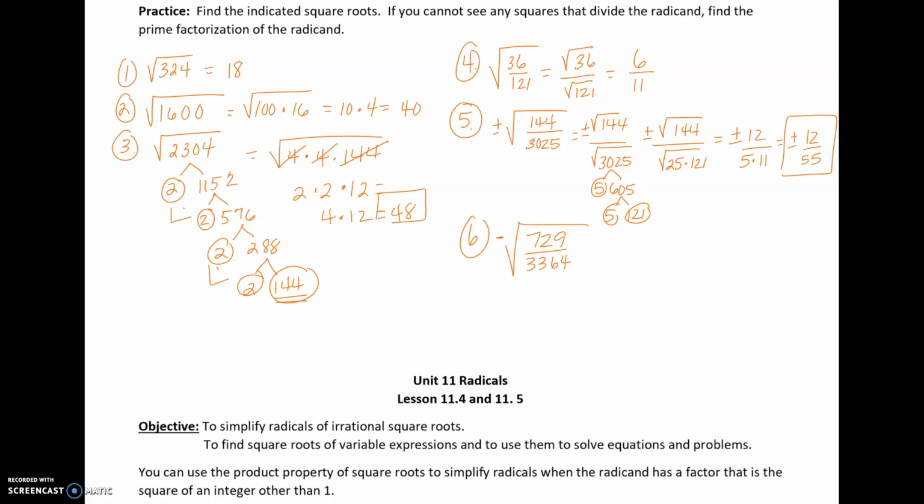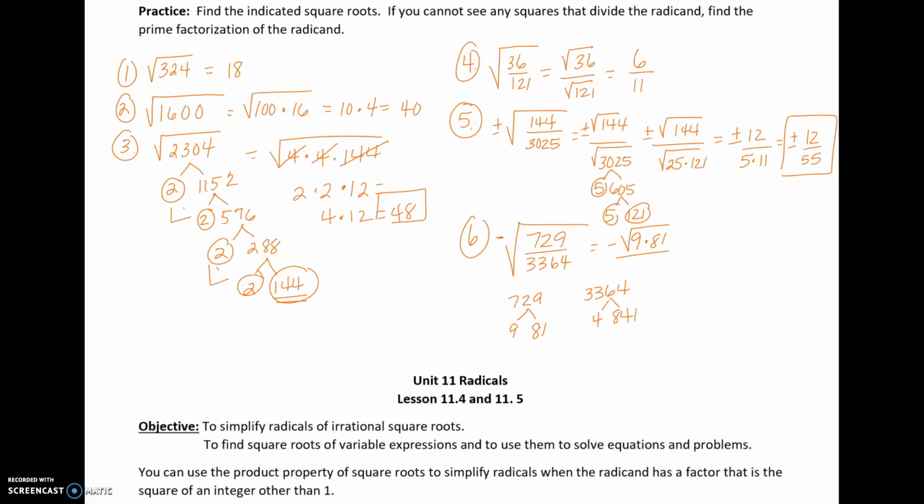And when I look at this one, I see that 729, I don't know if that's a perfect square, but if I break it down, I know it's divisible by 9, and 9 times 81 happens to be 729. Okay, now I'm going to break down 3,364. So I'm looking for factors again. I know 64 is divisible by 4, so I'm going to choose 4, and 841.